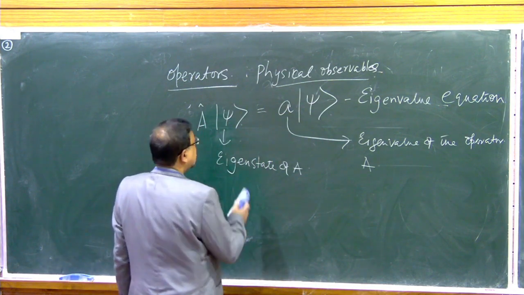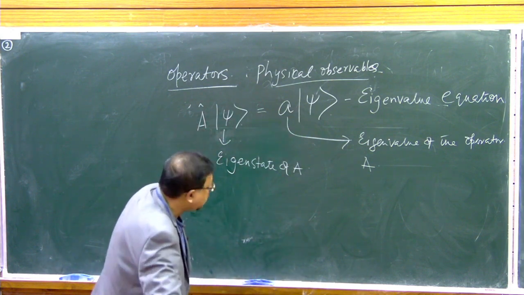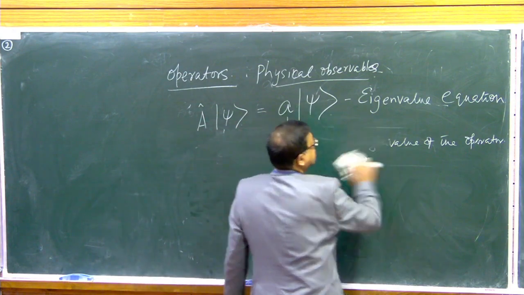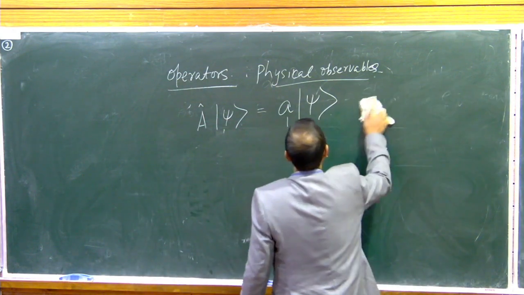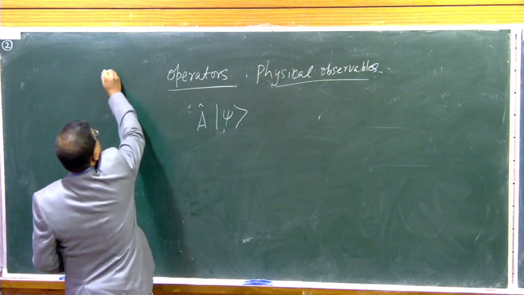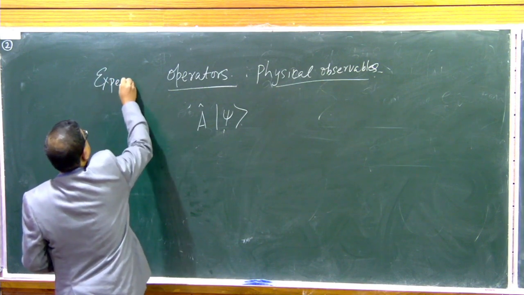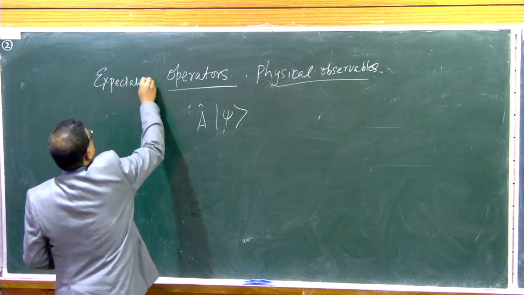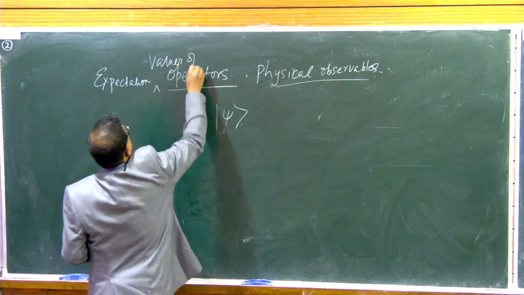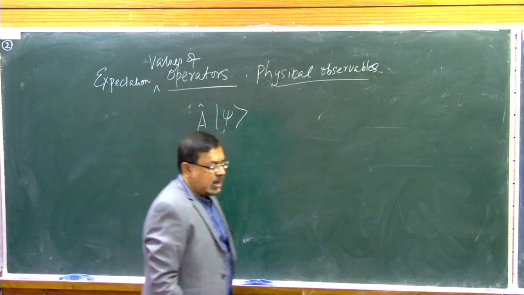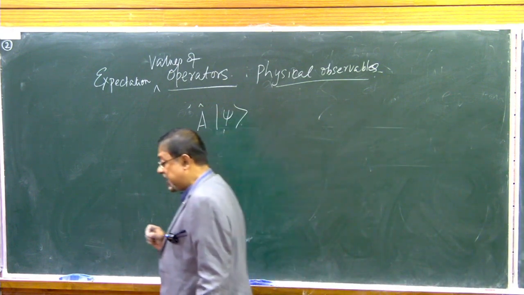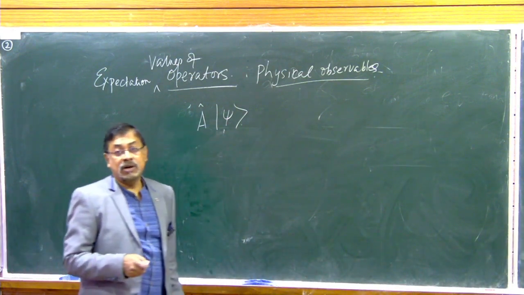So let me also tell you that in that same connection there is a quantity called the expectation value. So, expectation values of operators. And the expectation value of an operator is different than the average value of a given observable.